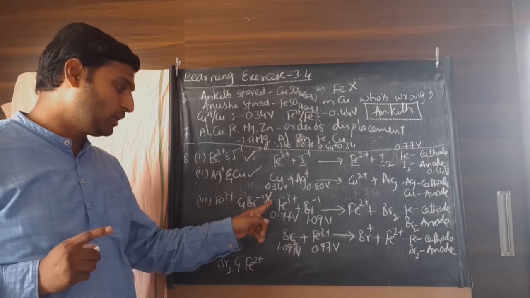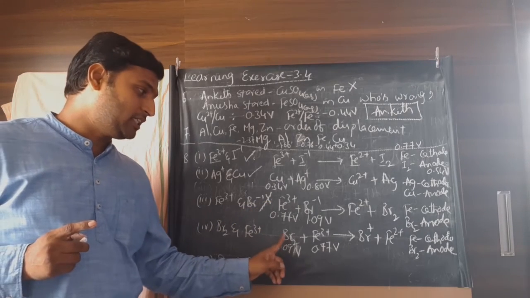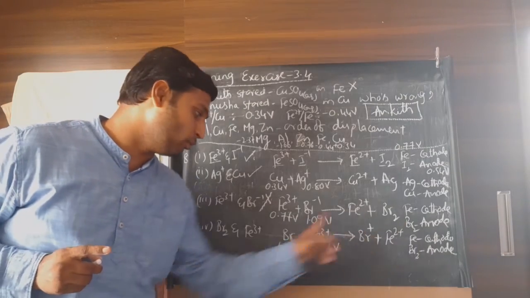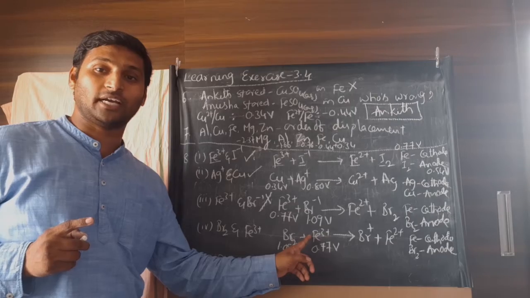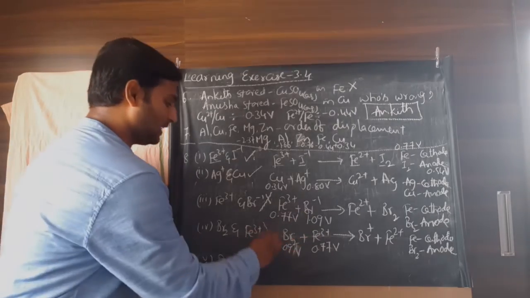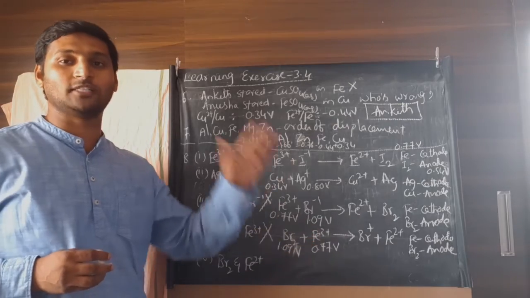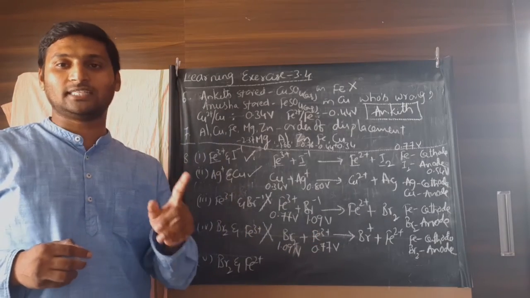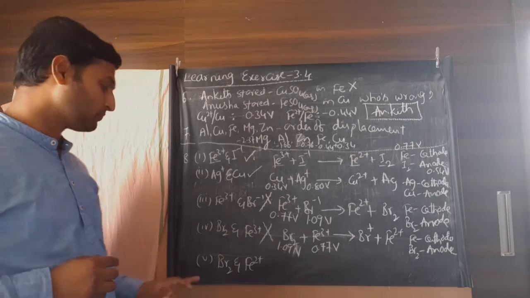Again, absolutely similar situation as this. If the species undergoing oxidation has more potential than the species undergoing reduction, or the species undergoing reduction has less potential, such a reaction is not feasible. Cathodic potential should always be larger for E0 cell to come positive and the process to be called spontaneous.